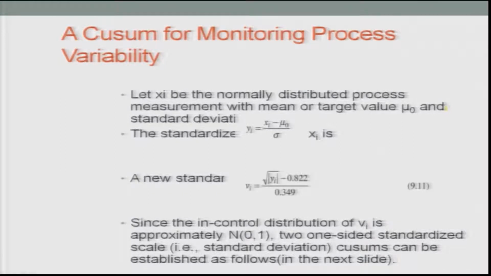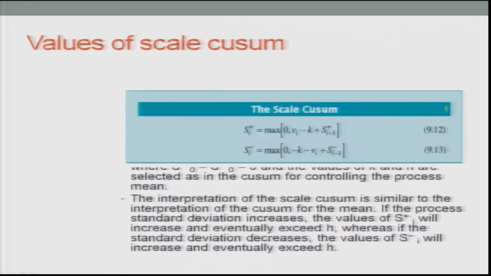Since the in-control distribution of v i is approximately normal with 0 mean and 1 standard deviation, these two one-sided standard scale CUSUMs can be established as shown in the next slide.